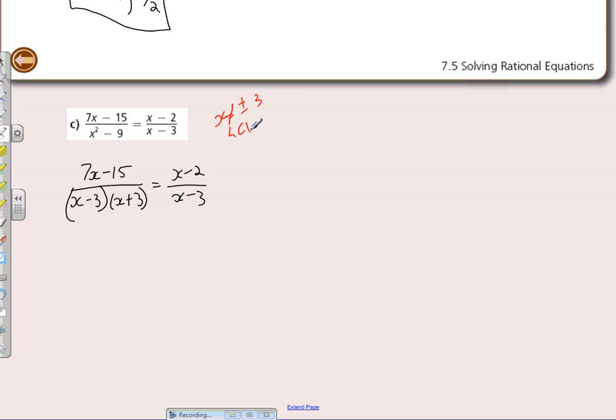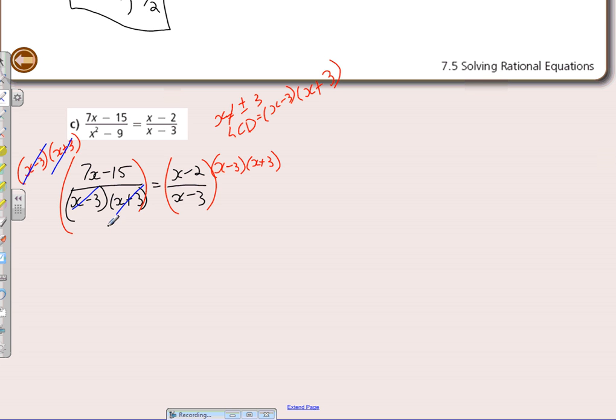LCD on this one, x minus 3 and x plus 3. So multiply both sides by that. And nice, all of that one cancels off.